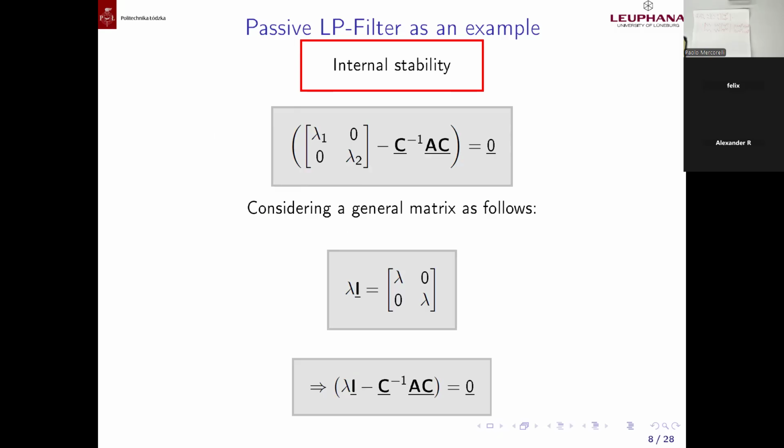Let me consider now the general matrix as follows here, which basically gives this equation here. If I have lambda 1 and lambda 2, it must be satisfied when calculating the matrix C. Let me now, for a while, consider a general lambda in this form here, and let me write this expression in this form, quite general, without specifying lambda 1 and lambda 2.